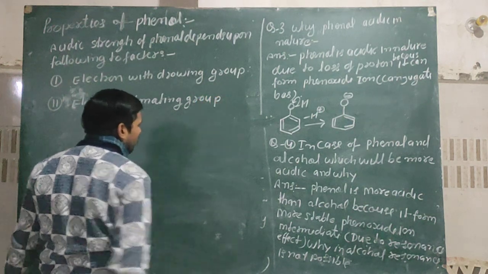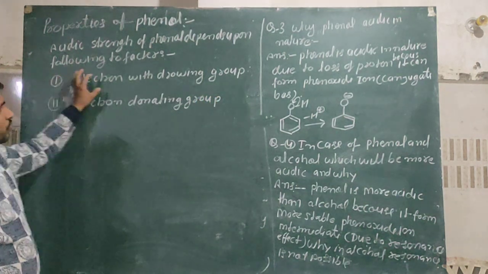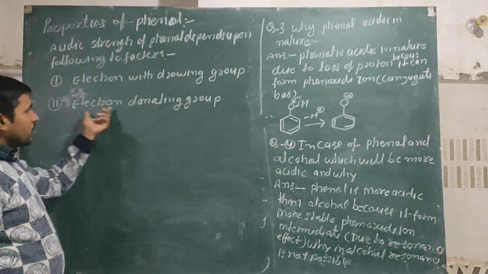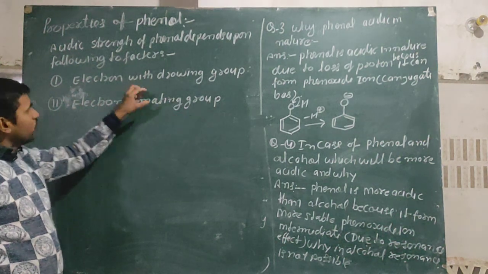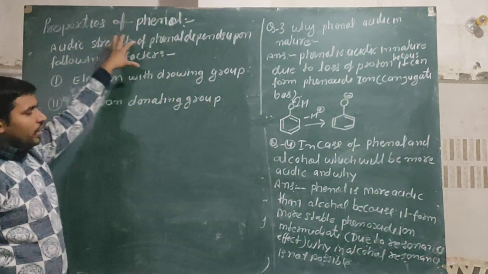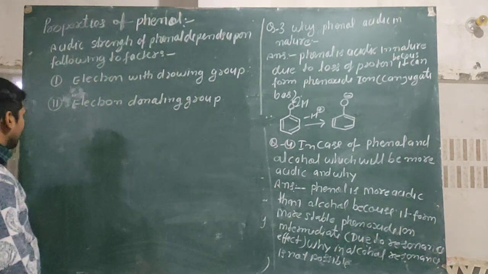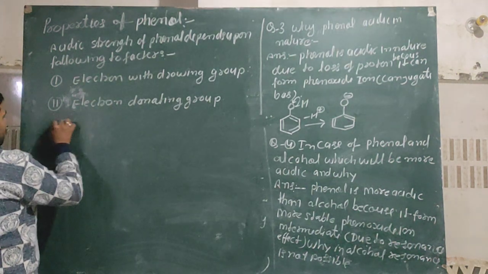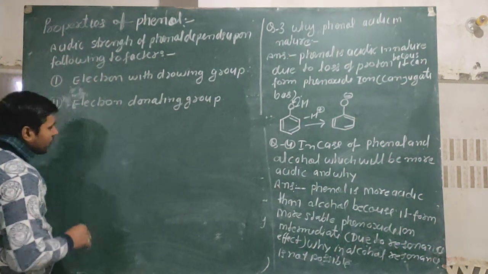Okay, if you know what an electron withdrawing group and an electron donating group are, then you can easily understand the acidic strength of phenol. Let us start this topic.